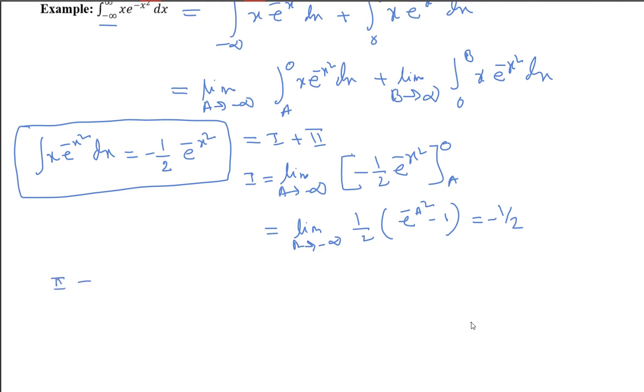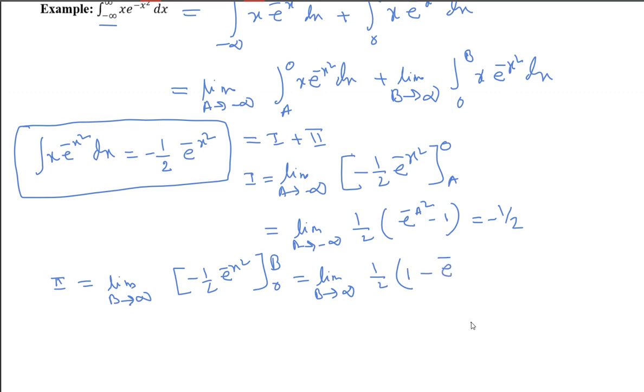Then next find the second integration in a similar way. So limit b tends to infinity. In that case, the limiting value will be 1 by 2 e to the power minus x squared from 0 to b. So that will be limit b tends to infinity of 1 by 2 times 1 minus e to the power minus b squared.